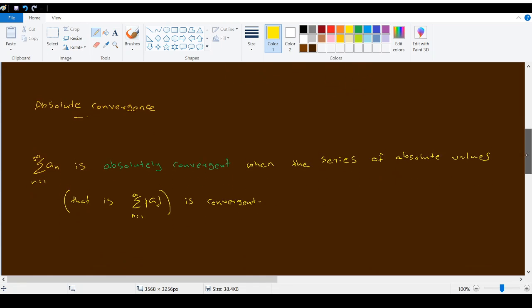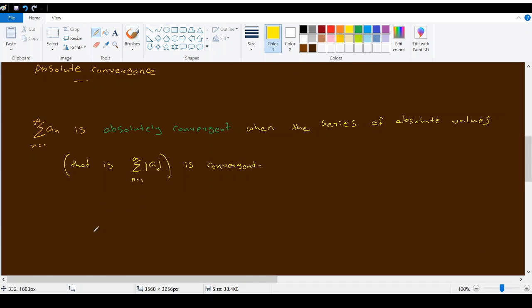Now let's take an example. Consider the series I mentioned above. Here the an terms of this particular series is equal to negative 1 to the power n plus 1 over n squared.